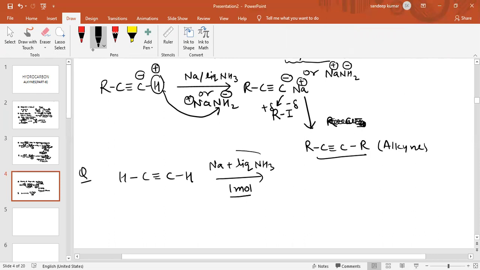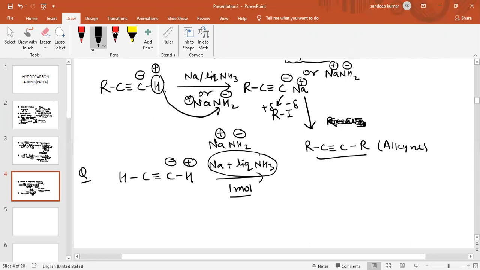We know sodium plus liquid ammonia is basically NaNH2, a strong base. Na carries a positive charge and NH2 carries a negative charge. Now there is a plus charge on this hydrogen atom and a minus charge on this carbon atom.